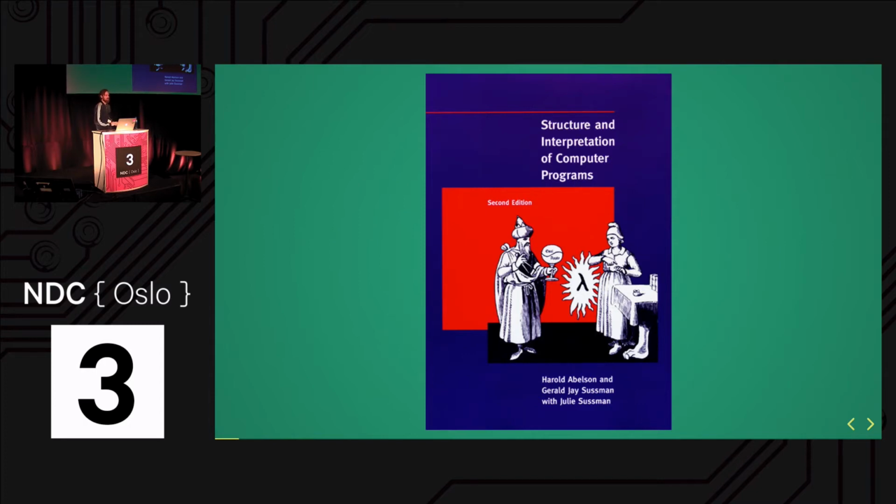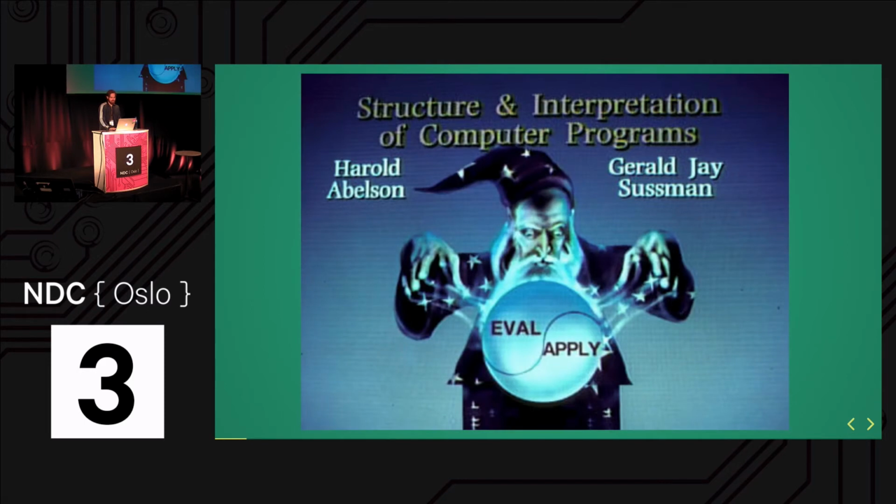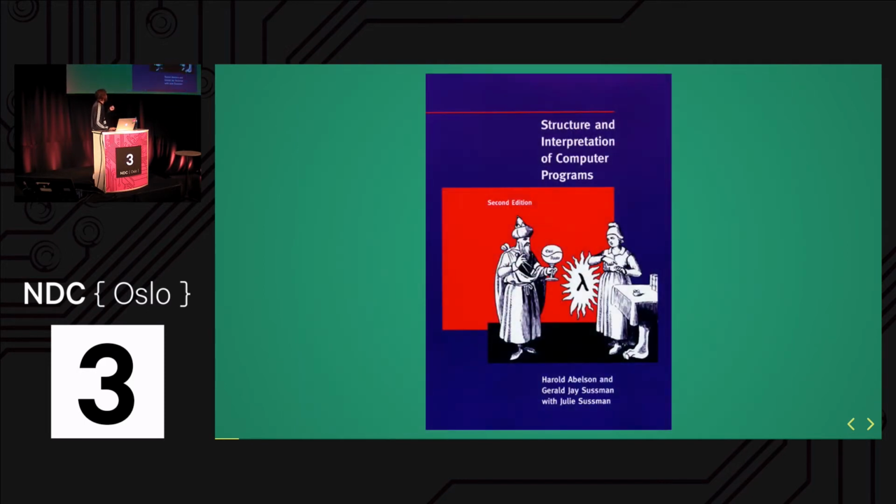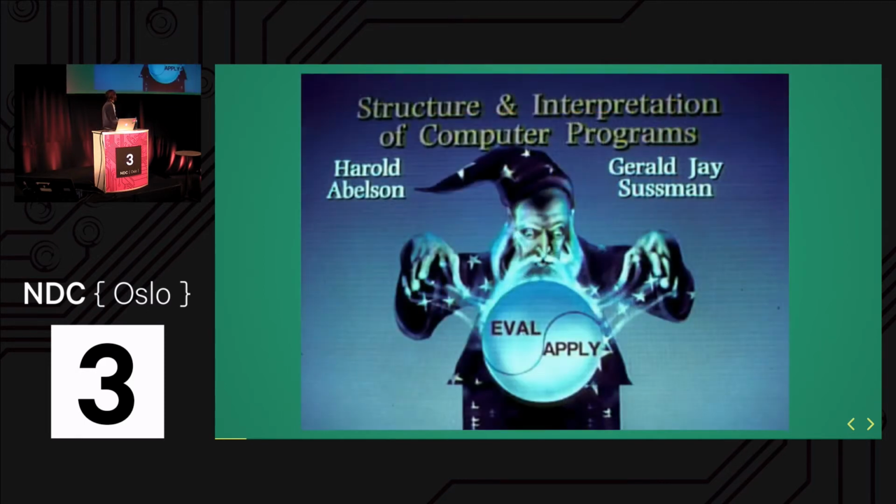which uses a language called Lisp, which is a language that is very suited for metaprogramming. And you can see that they're using this wizard here as well. They have this thing called the meta-circular evaluator, and there's this wizard doing things to it.